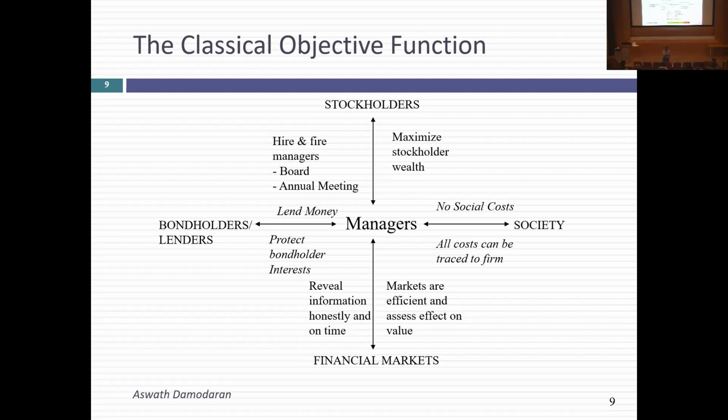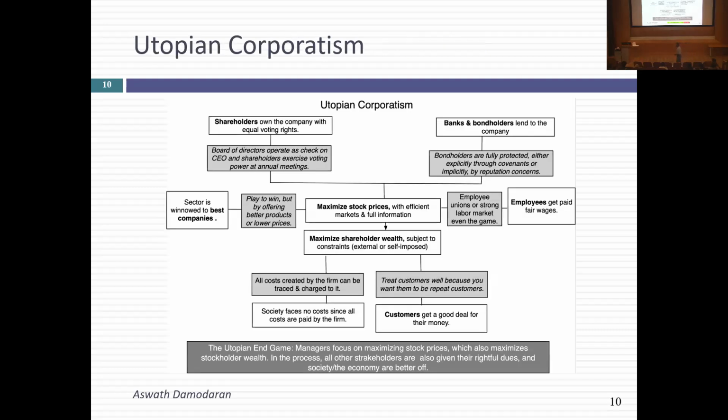You're doing it the old-fashioned way by taking good projects and funding them well and providing a product. This is a world where it's safe for CEOs to say, we're going to focus on stock prices and stock prices alone. And all of the other stakeholders will be taken care of because in the process, you're effectively giving them a chance to renegotiate their contracts with you and get the fair rates.